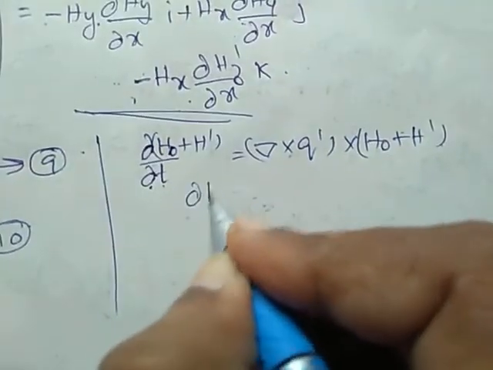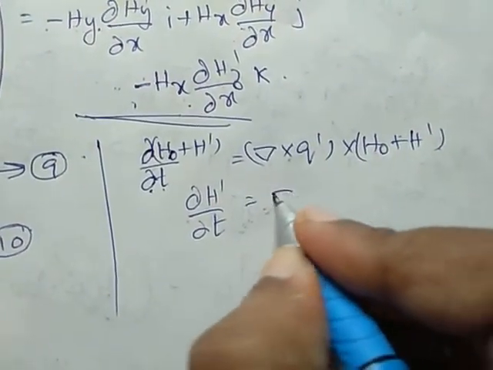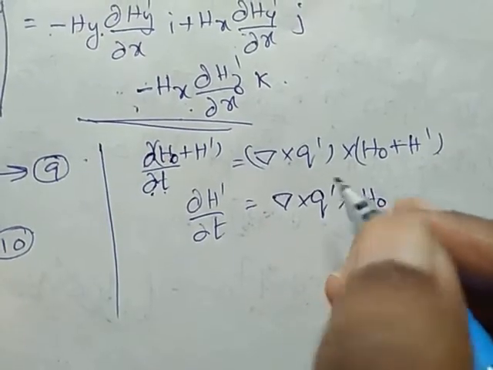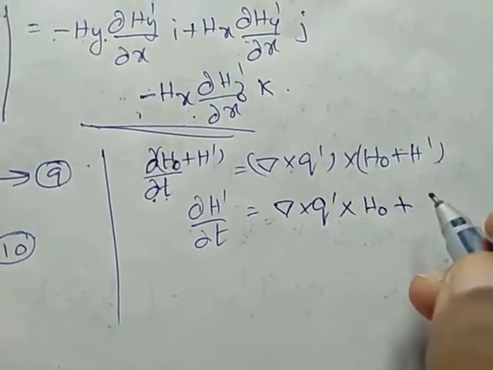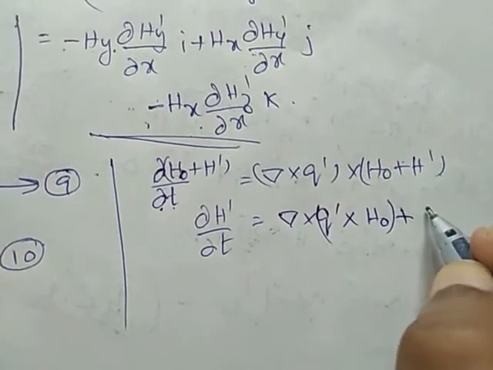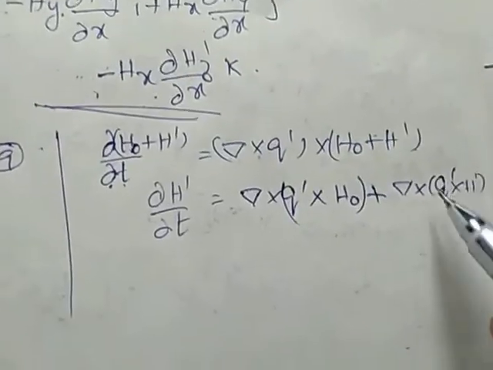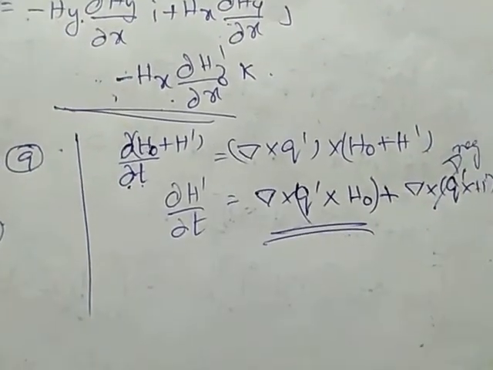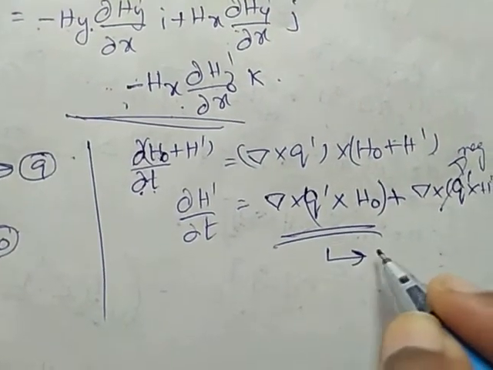We will have dou h dash by dou t equal to del cross q dash cross h naught plus del cross q dash cross h dash. Again, this is a product of two small terms, so this is neglected. We have to find del cross q cross h naught. I'll take this equation as 12.